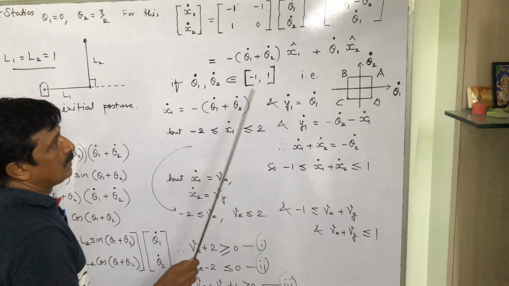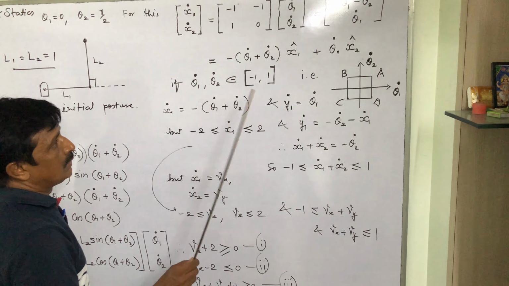And the last is Vx plus Vy minus 1 equal to 0. But here Vx plus Vy minus 1 is less than or equal to 0. So if we put the origin here, on the left-hand side we get 0 plus 0 minus 1, so it is minus 1, which is less than 0. So the points on this line as well as towards the left, towards the origin, satisfy this inequality.